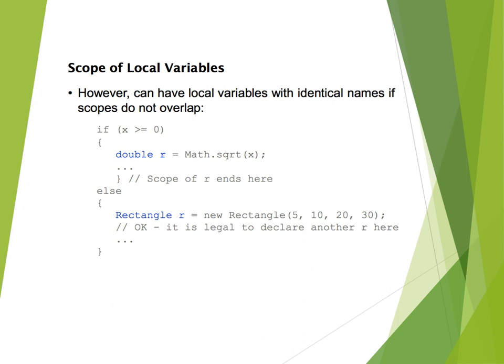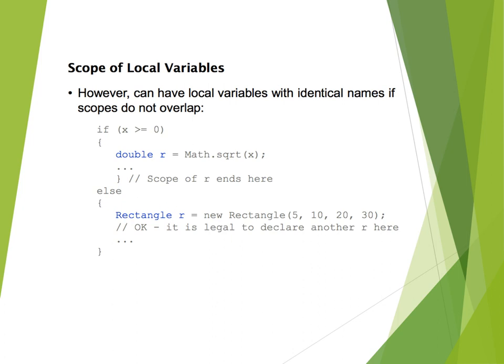But in this example, the scopes do not overlap. They don't intersect. So it is okay to use the same variable names. For example, double r is defined in this if block, and in the else part of the same if, we define another r. This one is a rectangle.